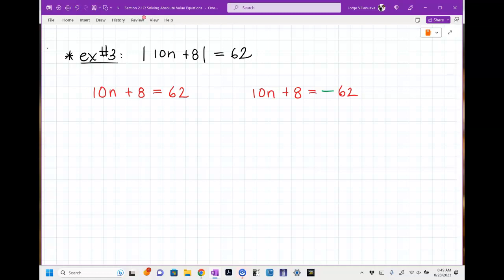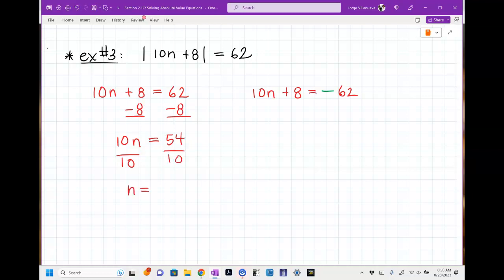Okay? So on the left side, let me subtract 8 on both sides. So that's going to give me 10n is equal to 62 minus 8, that's 54. And then I'm going to divide everything by 10. So we'll divide by 10.